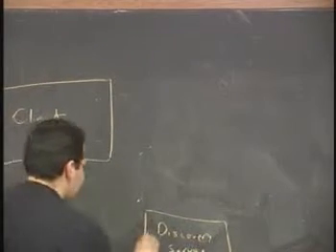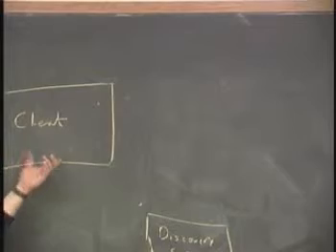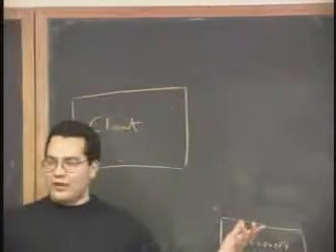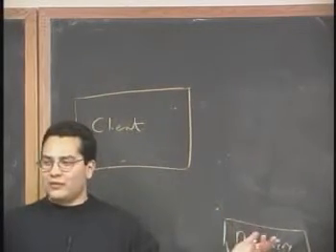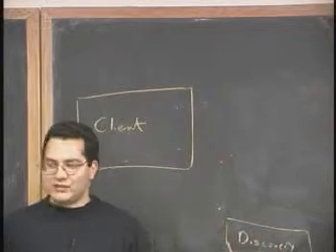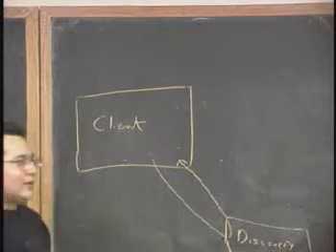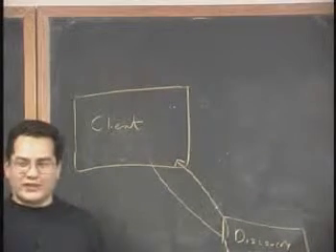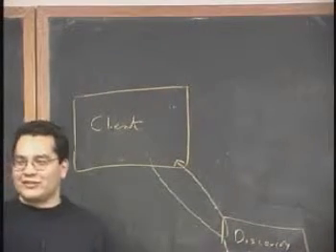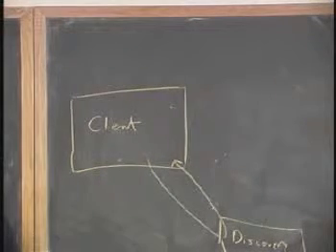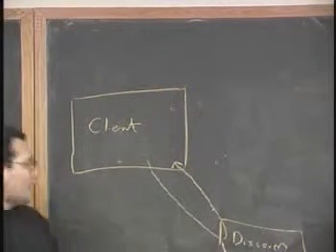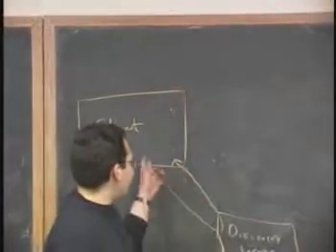So what happens first? The client needs to figure out, if it wants to do this RPC, where the servers are that it could send this to. There's some communication that goes back and forth here, and the client will say, I'm looking for a service that computes SETI-type things, or I'm looking for a Kerberos-type server for authentication, whatever that might be.